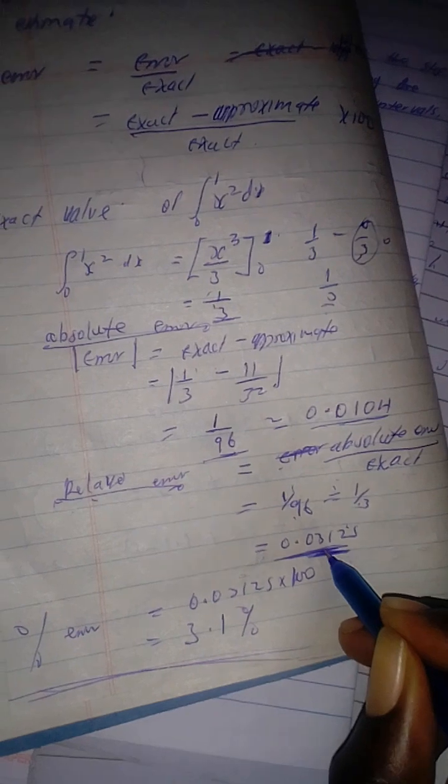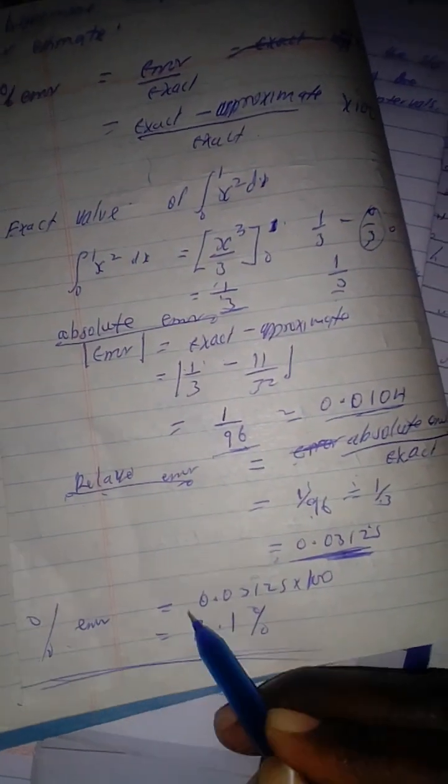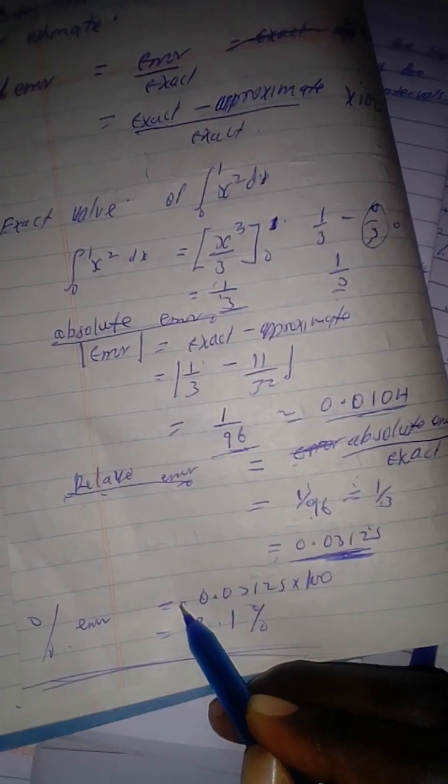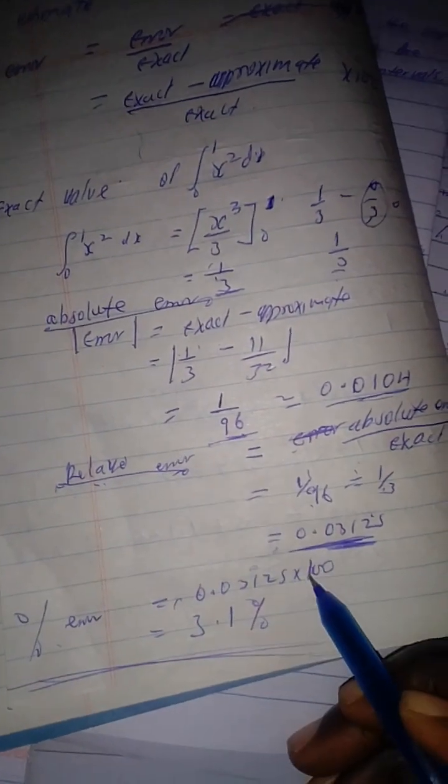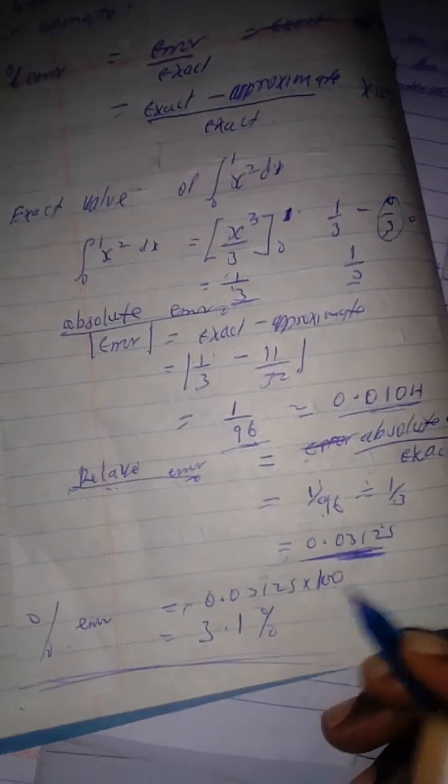And now the percentage error is the same as the relative error, which is this one, times 100, giving us 3.1%.